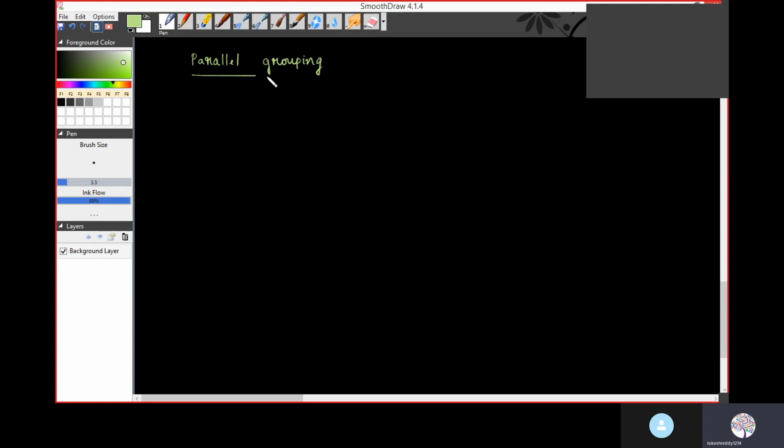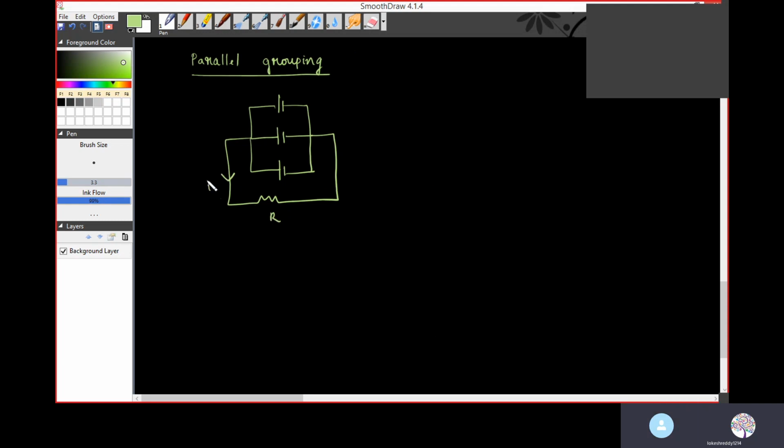Parallel grouping of cells. In parallel grouping, we will have cells connected to an external resistance R, with current I. Each cell has EMF E and internal resistance r.